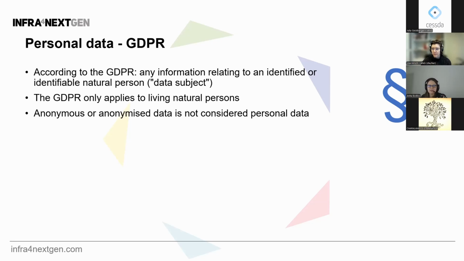Anonymous or anonymized data is not considered personal data anymore. So if your data is anonymized in a way that it is really not possible to link the data anymore to a person, and if this identification is not possible anymore, then data is counted as anonymous and GDPR does not apply anymore.